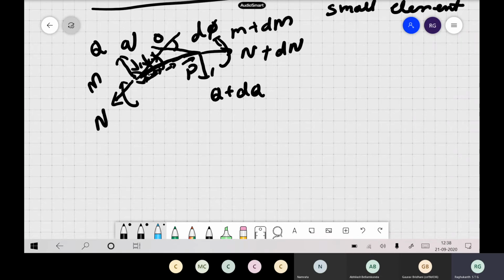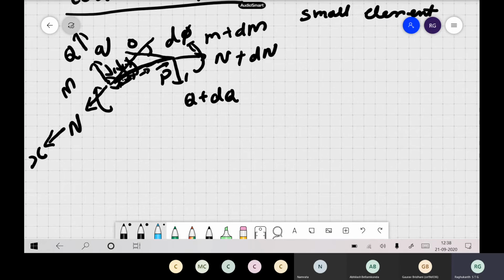So all complications we are incorporating, and let us say my x-axis is like this and my y-axis is along this direction. We were trying to derive the differential equations of equilibrium here. So now these are the loads: Q, P, then we have this M itself.